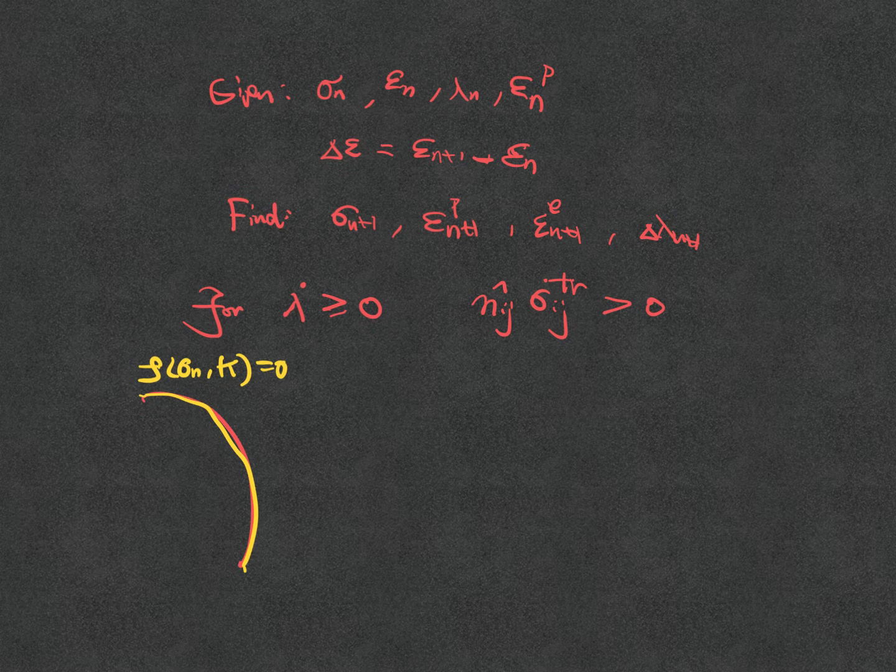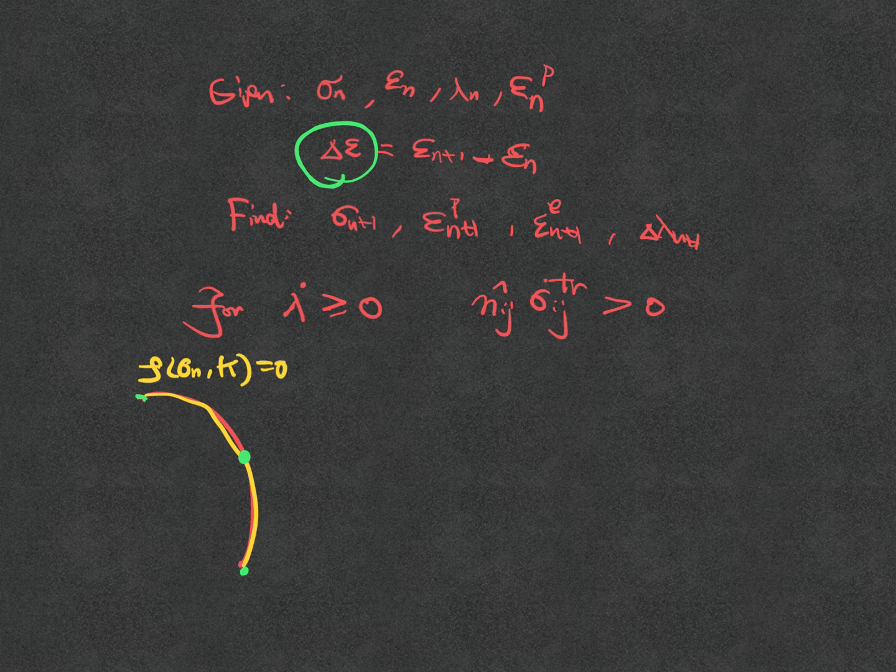I know that in the previous step I'm here, at one of the points, because any point on that surface has f equal to 0.